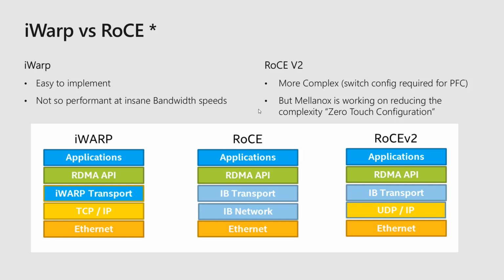So we can choose iWARP over Ethernet or RoCE over Ethernet. iWARP network cards have a processor on the card, and this processor does the iWARP protocol, which is wrapped into TCP and then IP, and the packets are put on the Ethernet.